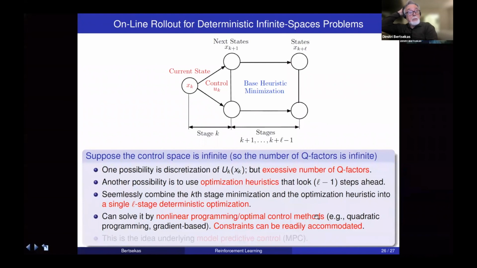The 60s and even before that, which was developed in parallel with dynamic programming. The 60s were a very active period for optimal control. You may have heard of Pontryagin's minimum principle.